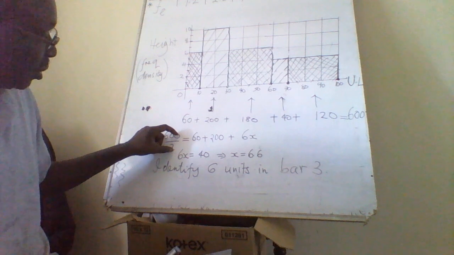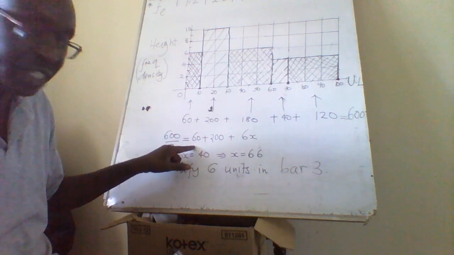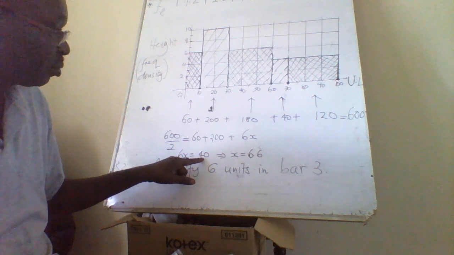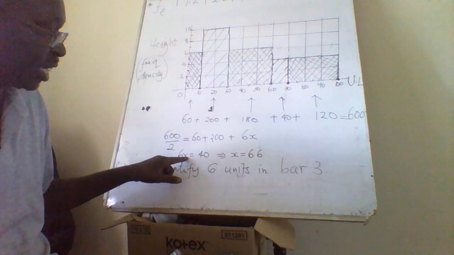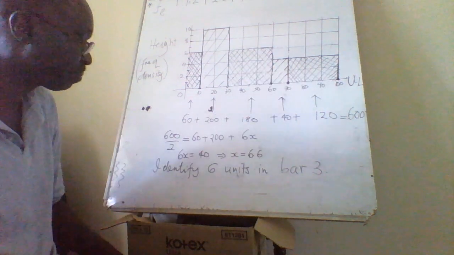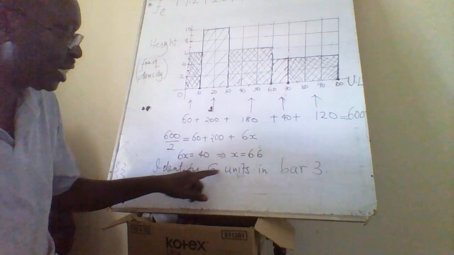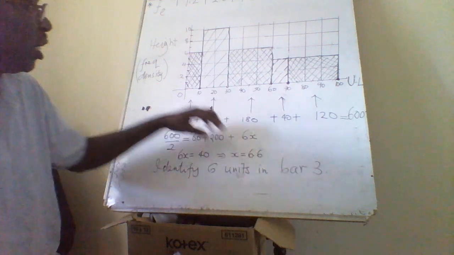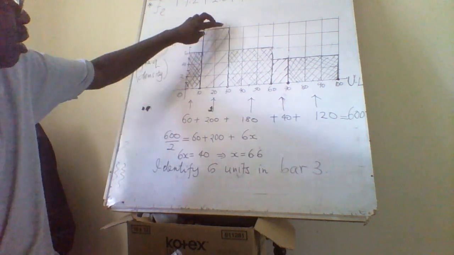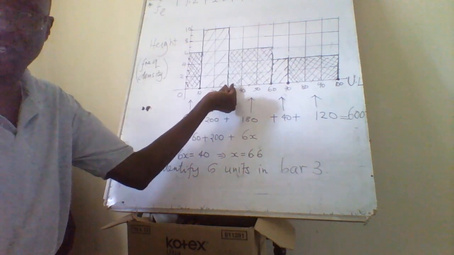So 300, you subtract 260, you get 40. So 40 is equal to 6x, meaning that x is equal to 6.6. So you identify 6 units in bar 3. This is bar 1, bar 2, bar 3. We have to identify 6 units.